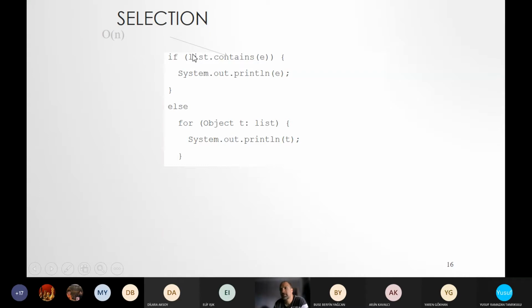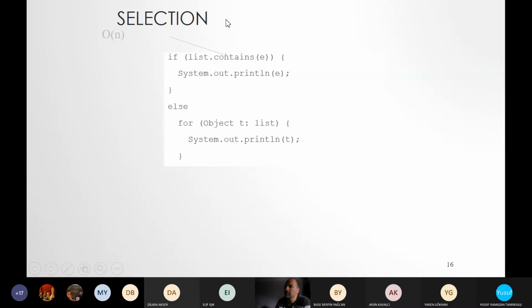Normally, that doesn't mean that every if statement is going to be big O of n. An if with just a normal condition, like if x is less than 5, would be big O of 1. It's done in constant time. It always takes the same amount of time to test whether x is less than 5 or not.